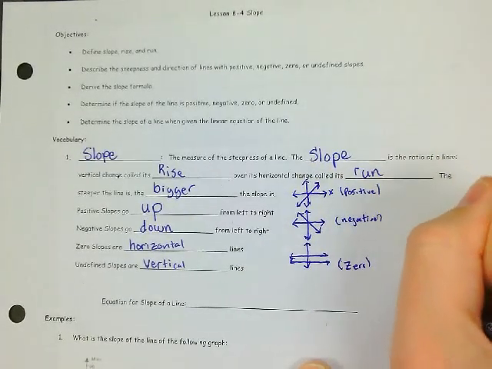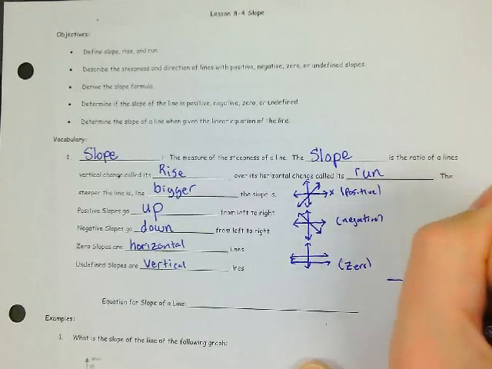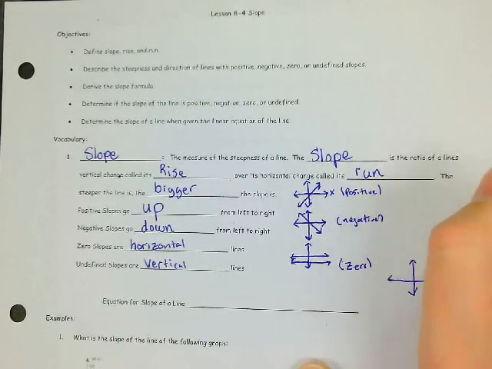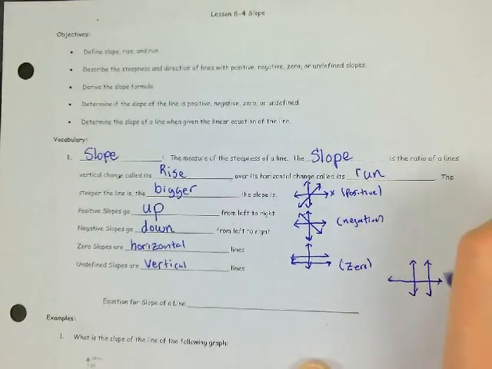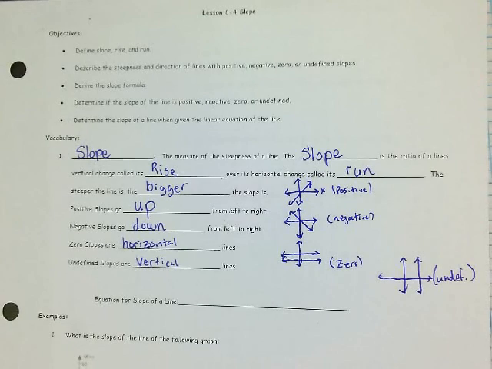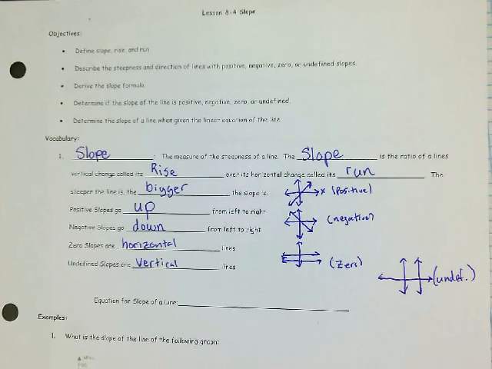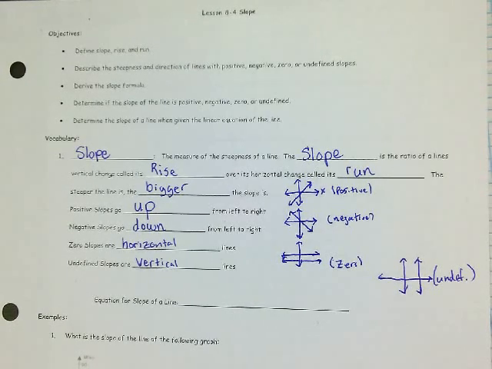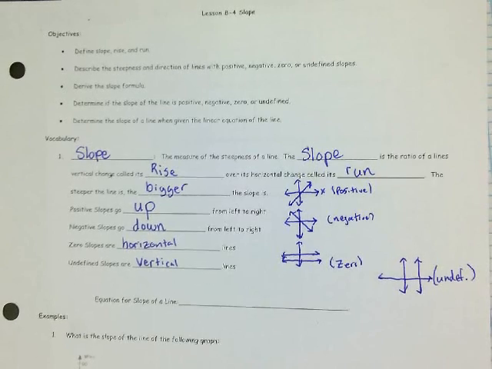And then an undefined slope will look something like that. Positive slopes, zero slopes, negative slopes, undefined slopes. Positive, negative, zero, and undefined.